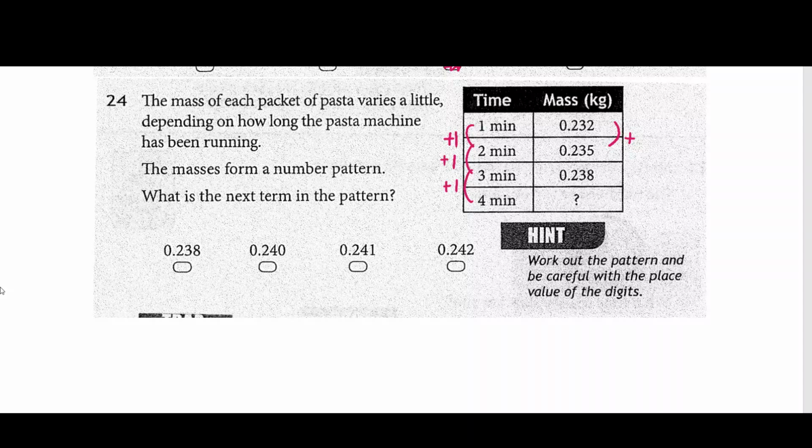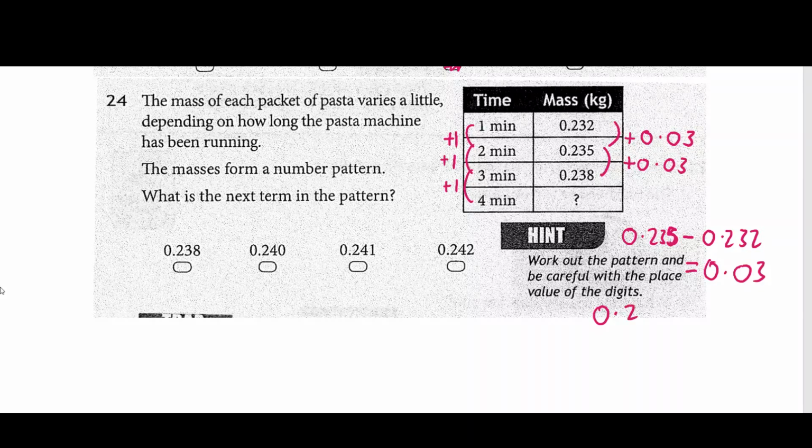We can type it in our calculator. 0.235 take away 0.232, which gives us 0.003. Okay, and we look again, and that's also plus 0.003. Okay, how did I figure that out?